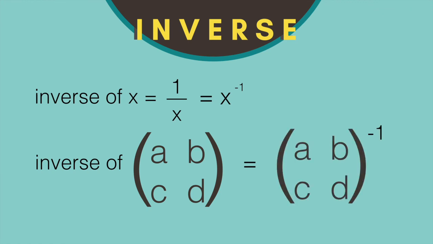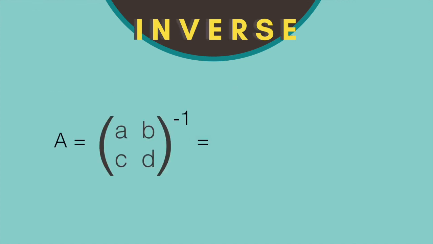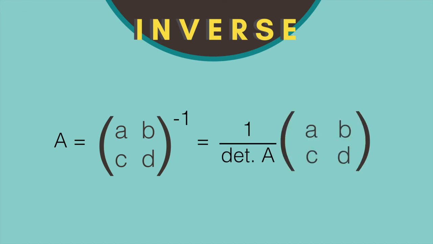Now, how do we solve this? The inverse of this matrix equals to 1 over the determinant of A multiplied with the matrix with slight changes. We switch the positions of A and D, and we add negative to B and C. So there we have it.